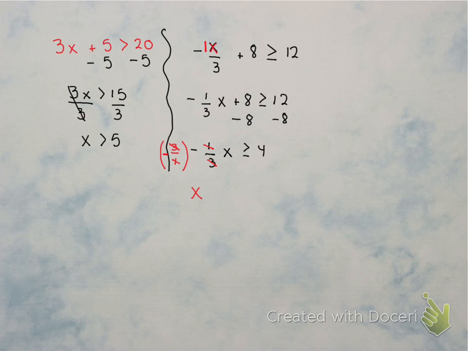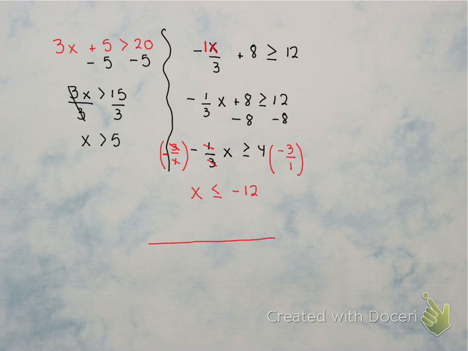Now, because we multiplied by negative 3/1 on the left, we're going to multiply by negative 3/1 on the right, which is going to give us negative 12. Now, the only thing left to do is switch the direction of the symbol, okay?